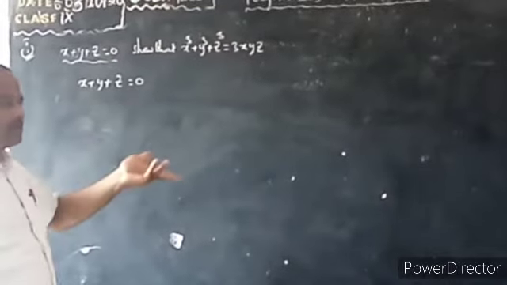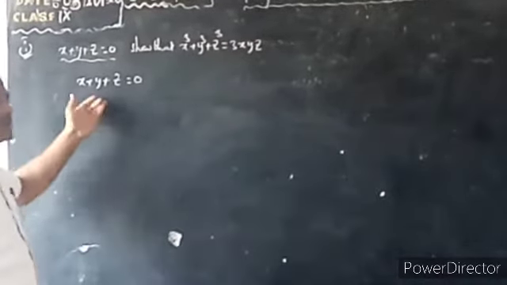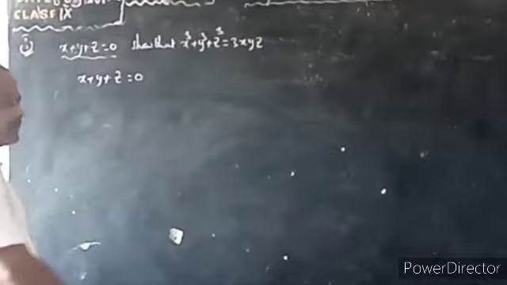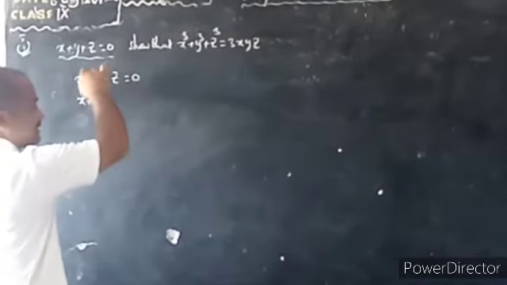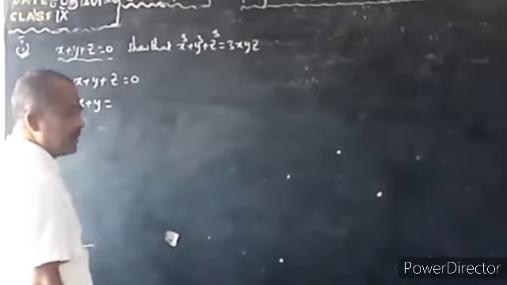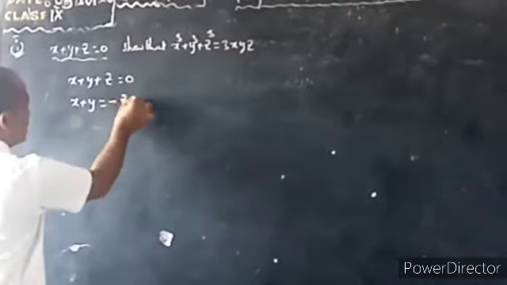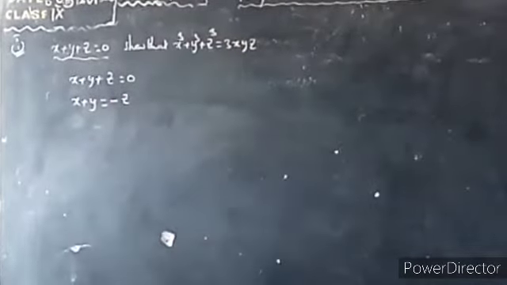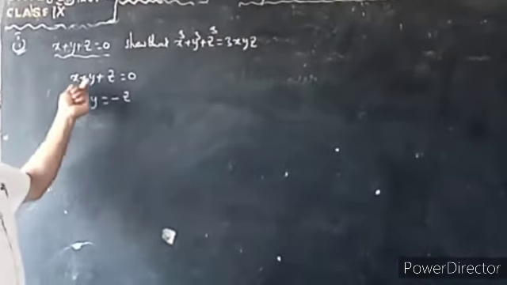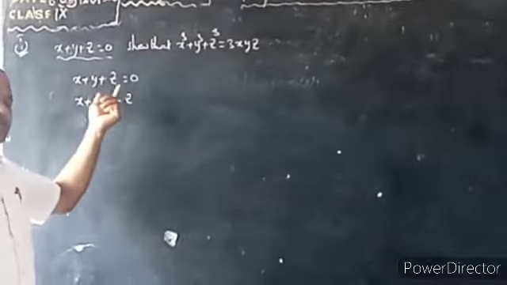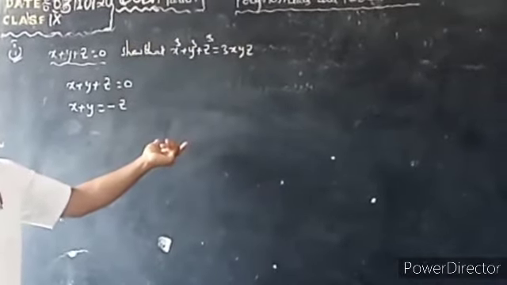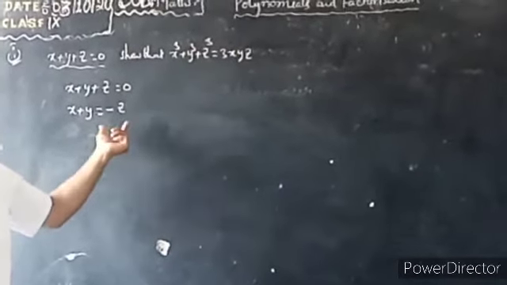Now I am transposing z, so x plus y is equal to minus z. If you transpose y, then x plus z is equal to minus y. If x is transposed, y plus z is equal to minus x. You may proceed with any one.